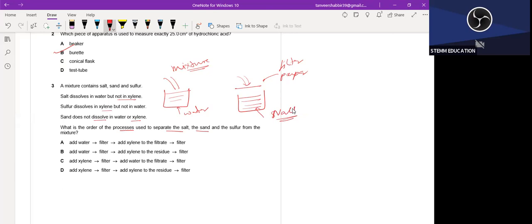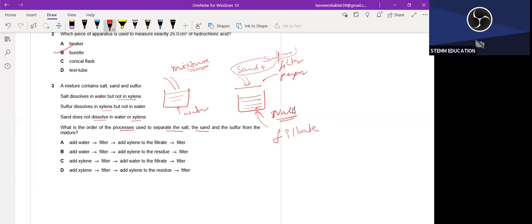And above this filter paper, sand plus sulfur will remain, which is known as the residue. And this liquid is named the filtrate.